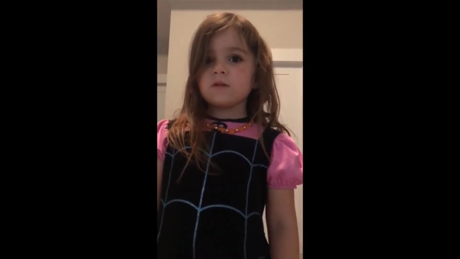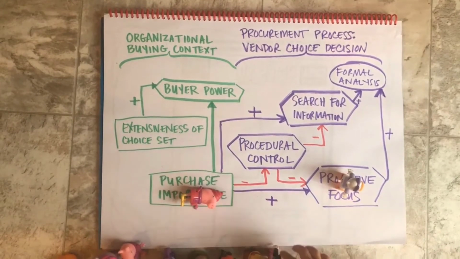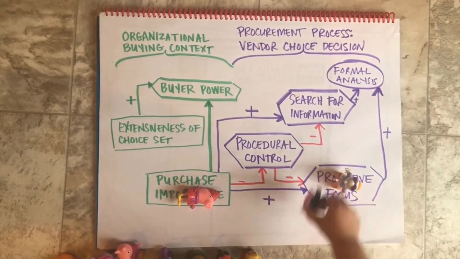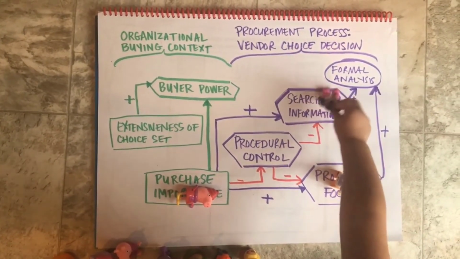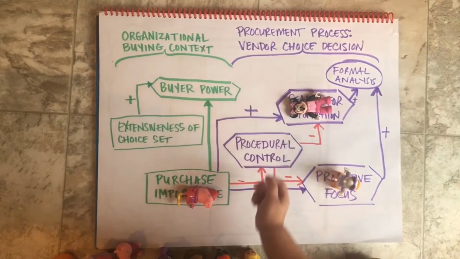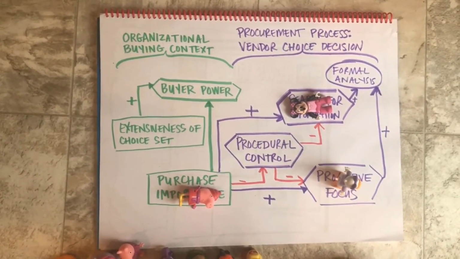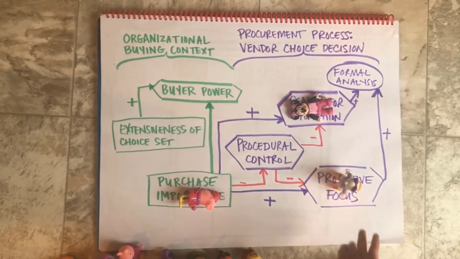Procedural control. While purchase importance directly influences procedural control, procedural control in turn has an impact on both the search for information and the extent of proactive focusing in the procurement process. It is conceptualized that the search for information is the purchaser's effort at scanning the internal and external business environment to identify or monitor issues relevant to the purchase decision.